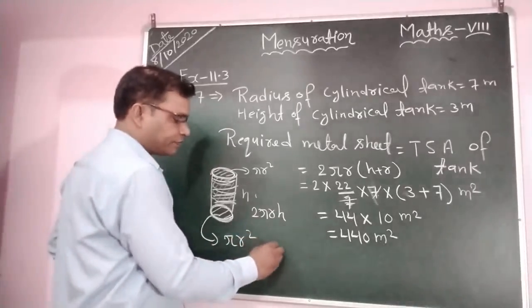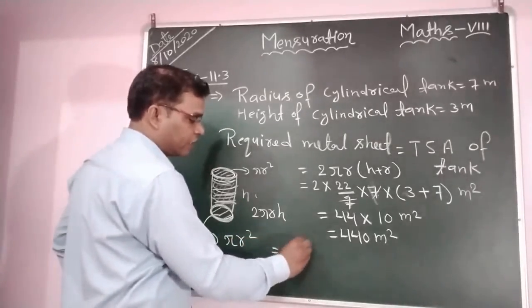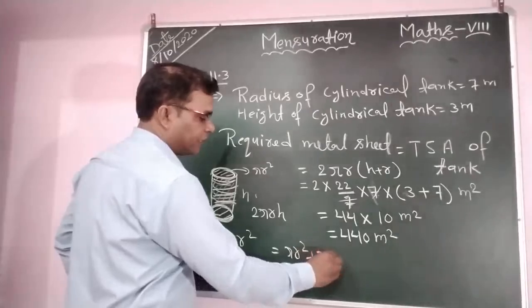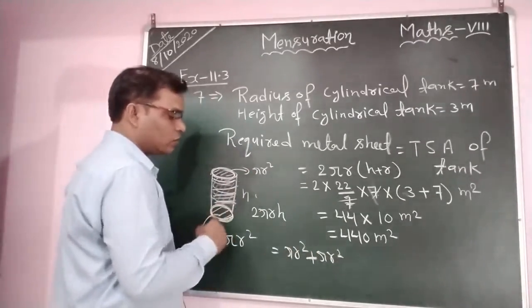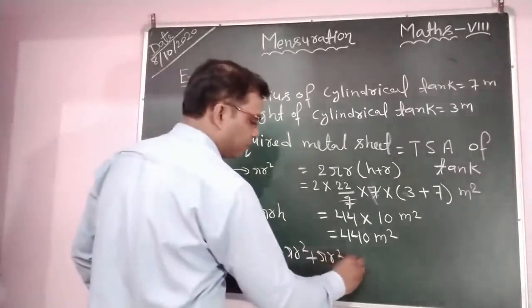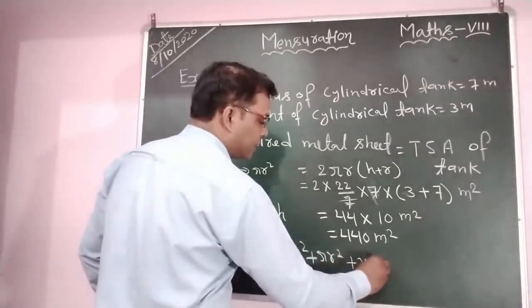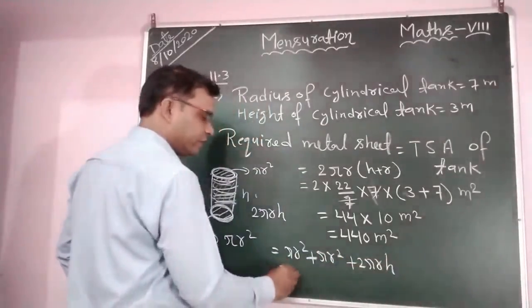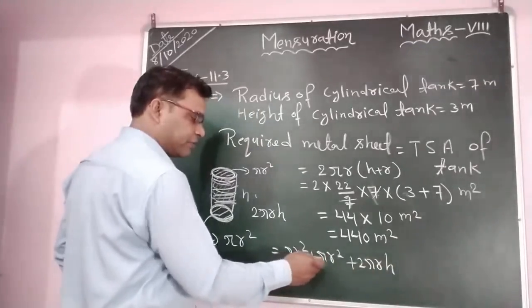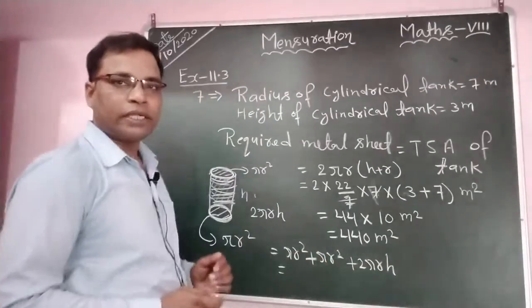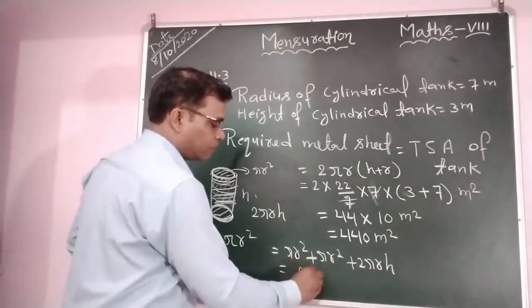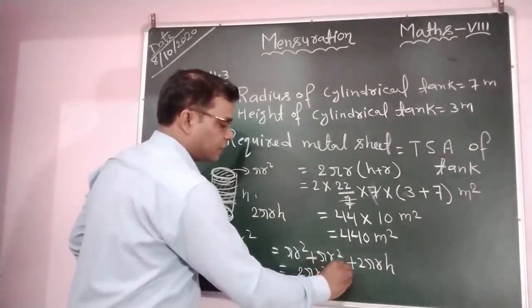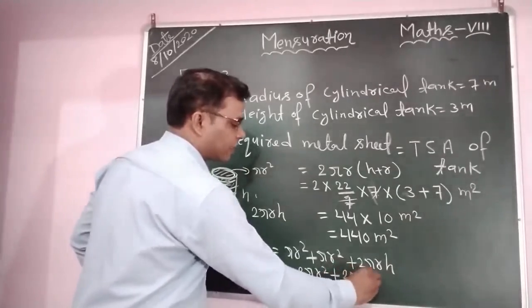This is equal to pi r square plus pi r square, plus 2 pi rh. Here pi r square plus pi r square is equal to 2 pi r square, so 2 pi r square plus 2 pi rh.